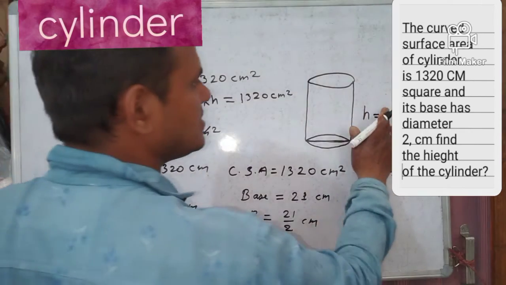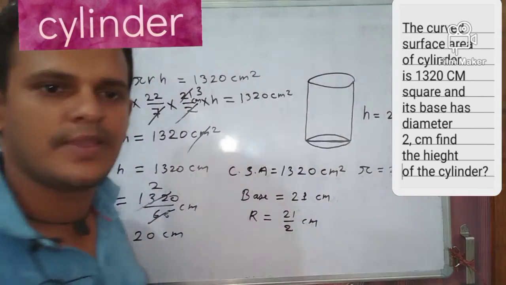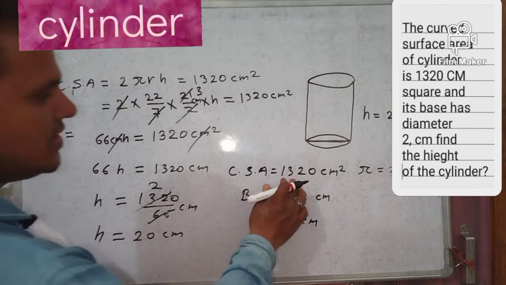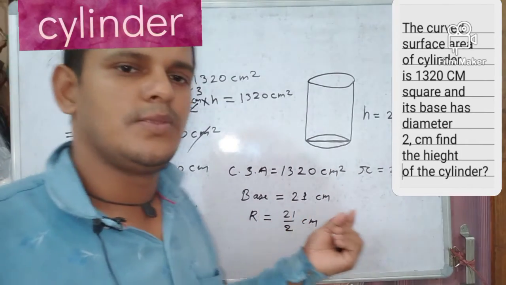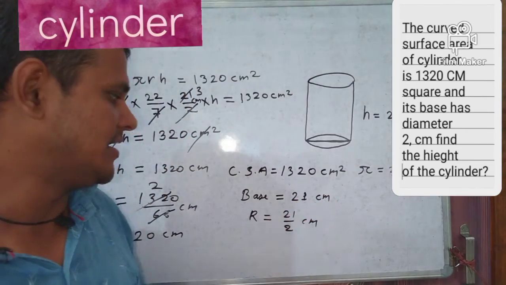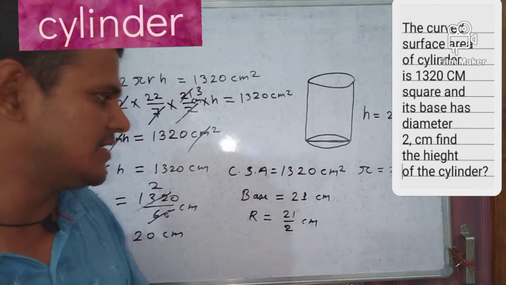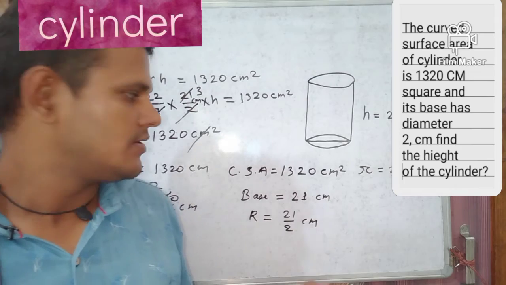So height will be 20 centimeter, right? Now see here once again friends, total curved surface area is given, 1320 centimeter square, and base diameter is given, 21 centimeter, right? So radius will be 21 by 2 centimeter because diameter is 2 times the radius.